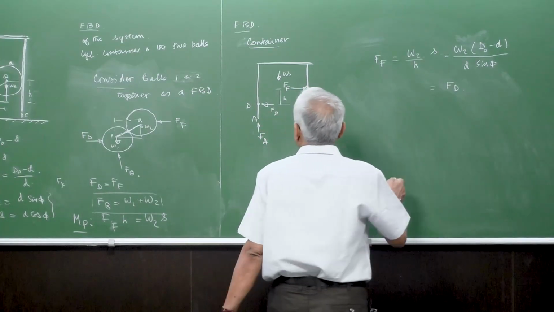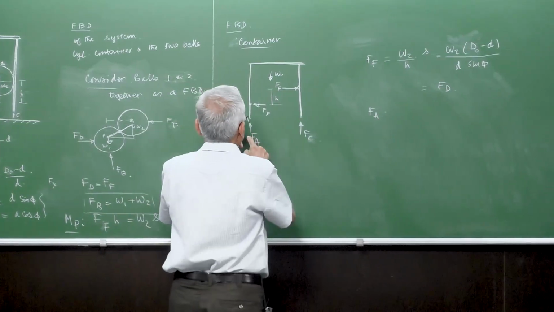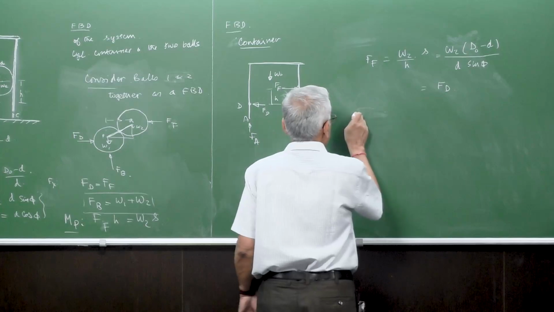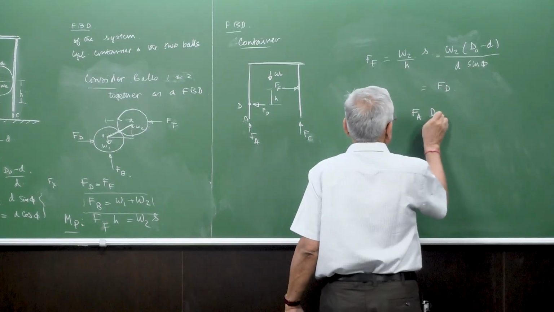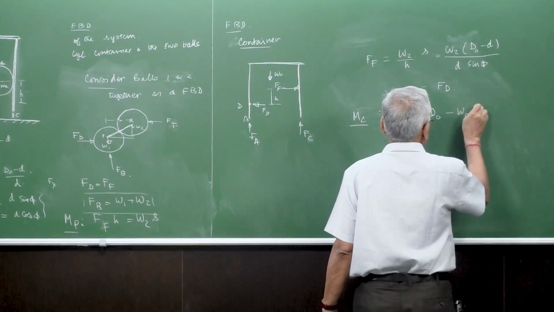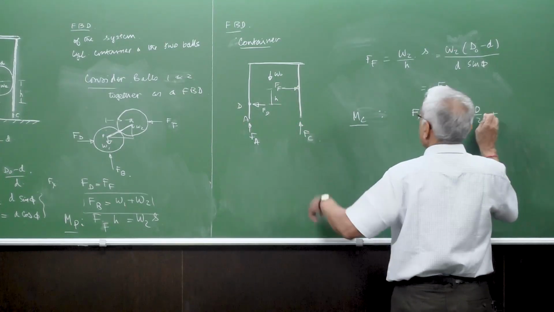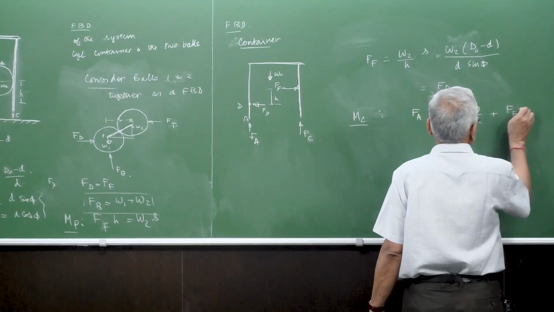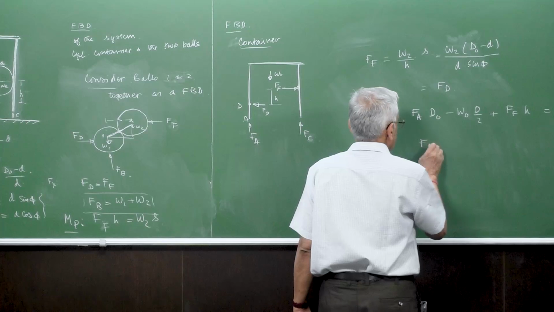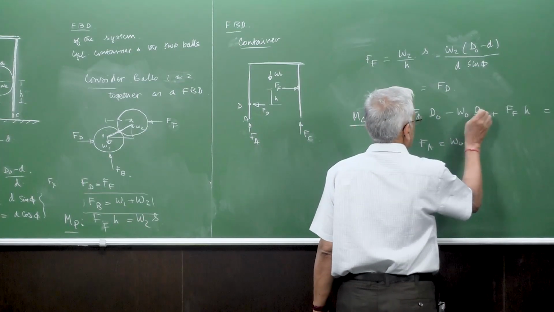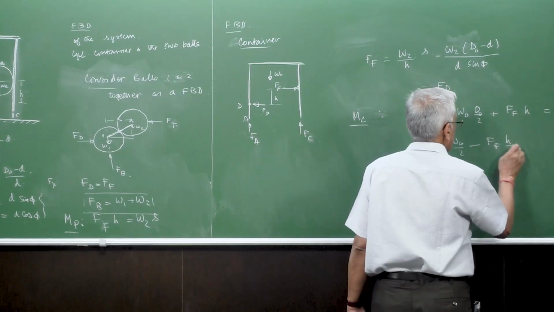So let us look at FA. If you want to calculate FA, take the moment about C. So this is FA times D0 minus W0 over D2, plus FF times H. That means if you want FA, you can calculate it as W0 minus FF H by D0.